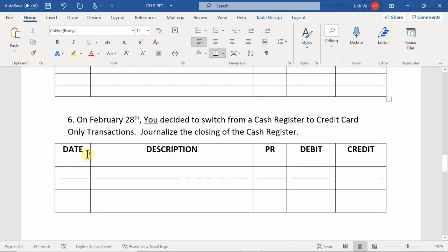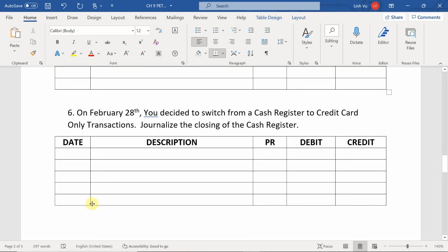So then on February 28th, you decided to switch from a cash register to credit card only. In this case, I need to journalize the closing of the cash register.